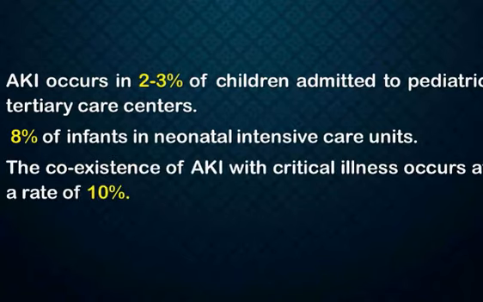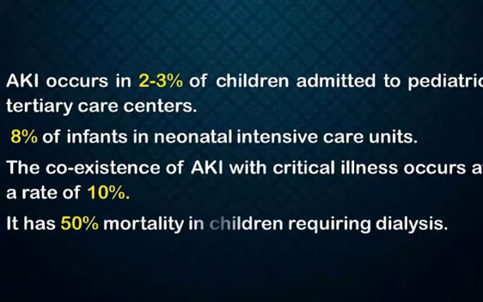The coexistence of acute kidney injury with critical illnesses occurs at a rate of 10%. Critical illnesses, as I said, for example, in the pediatric or neonatal intensive care unit, like birth asphyxia, sepsis, or prematurity. So acute kidney injury has a 50% mortality rate in children requiring dialysis.